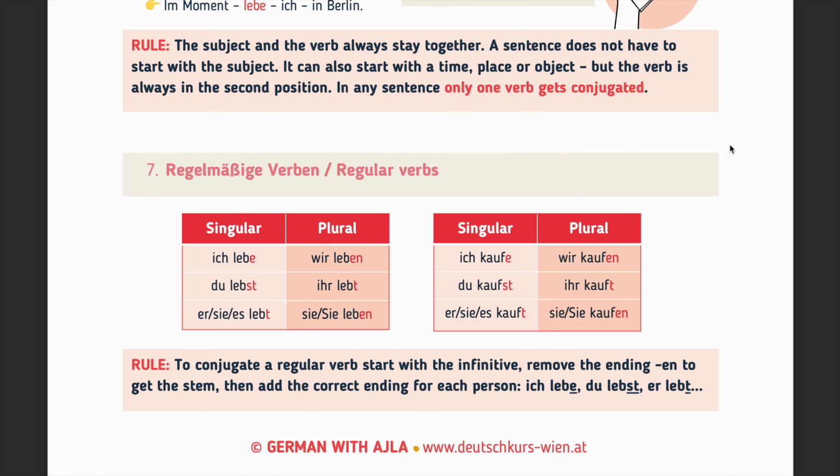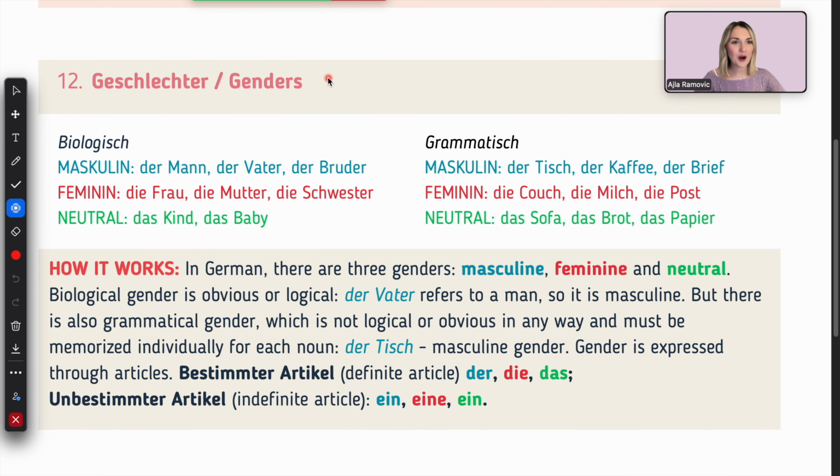Let's start off with the most important information about German nouns or genders. How it works. In German, there are 3 genders: masculine, feminine, and neutral, and it also really helps if you mark them with the colors, because you have some kind of visual representation as well, which is always helpful while learning something.